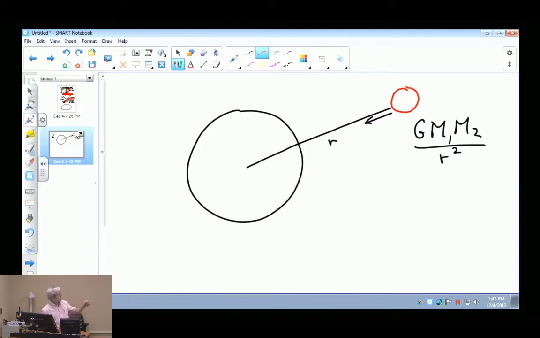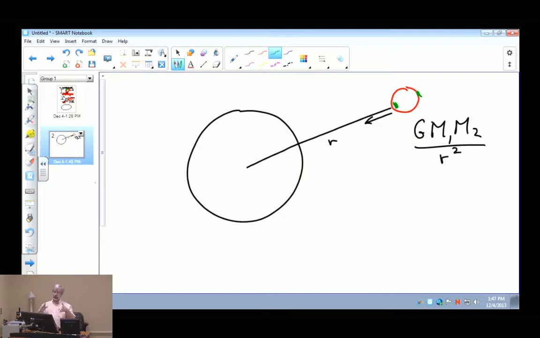Now, the total force is still the same, as I wrote up there. Total force is unaffected by that. However, there's a difference in the force exerted on the front as compared to the back, right? The near side of the moon has a greater force acting on it than the far side of the moon because it's closer to the Earth. So there's a difference.